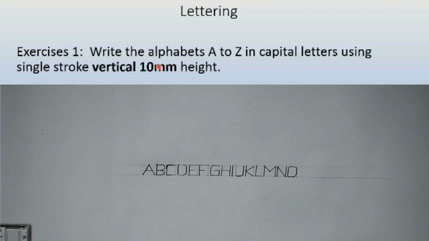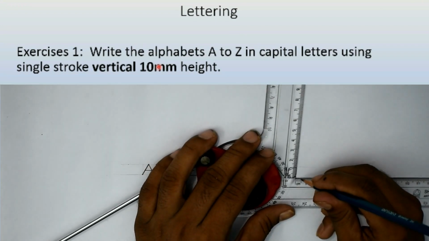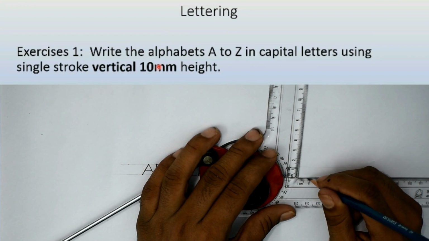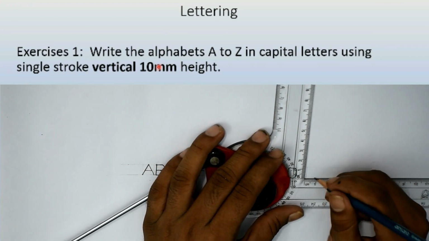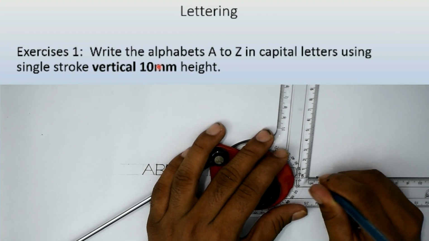Now we will complete the rest of the figures. Again a 2 mm gap, and the width of the letter P 7 mm, a 2 mm gap, 7 mm width.